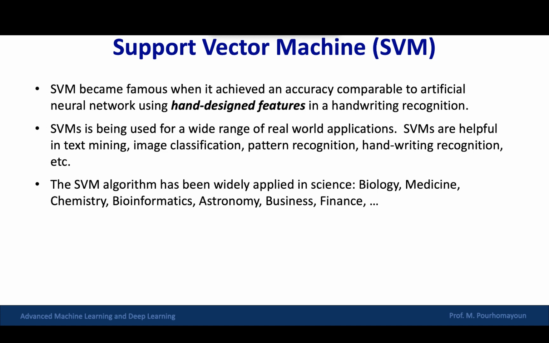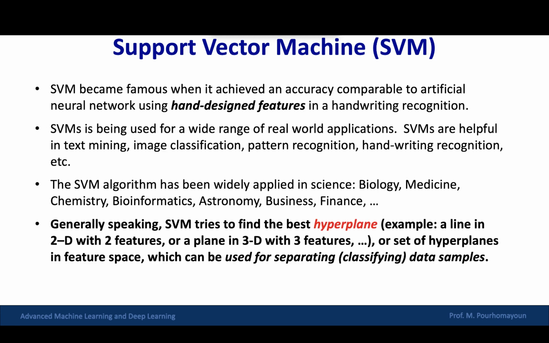SVM is being used for a wide range of real-world problems. It's helpful in text mining, image classification, pattern recognition, and so on. It has been widely applied in science. Okay, it's very popular in science.